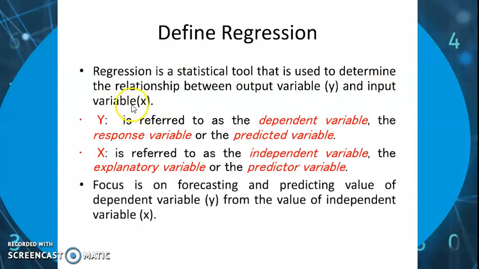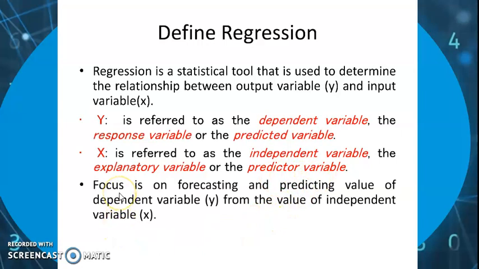So on the basis of x, we are trying to predict the value of y. y in other terminologies, we also call the output variable, dependent variable, response variable, or predicted variable. And x, we also call the independent variable, explanatory variable, or the predictor variable.